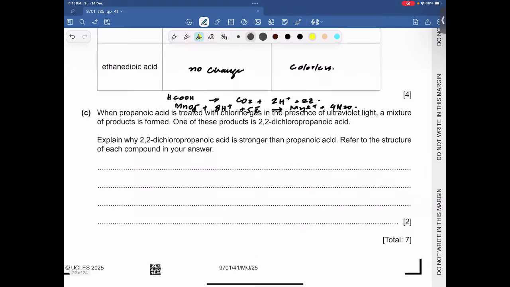When propanoic acid is treated with chlorine gas in the presence of ultraviolet light, a mixture of products is formed. That's called free radical substitution reaction. One of these products is 2,2-dichloropropanoic acid. Explain why 2,2-dichloropropanoic acid is stronger than propanoic acid.